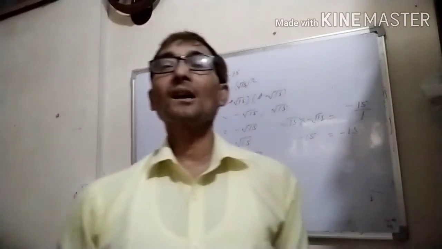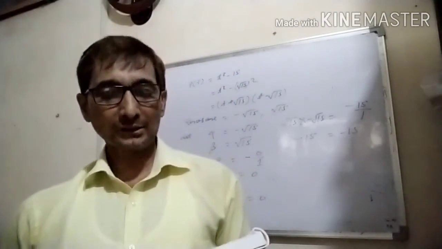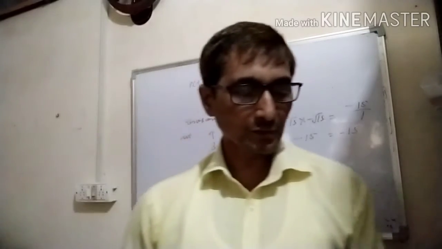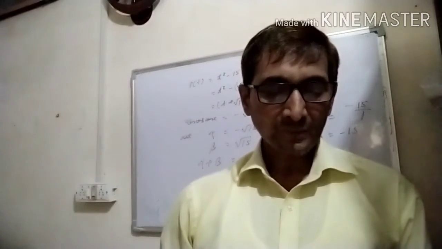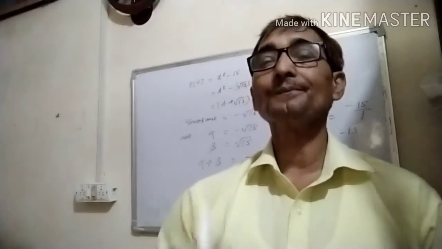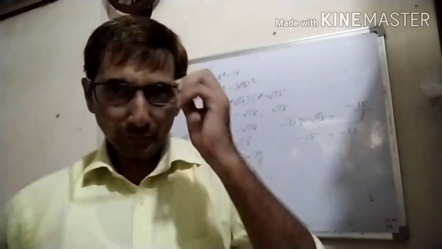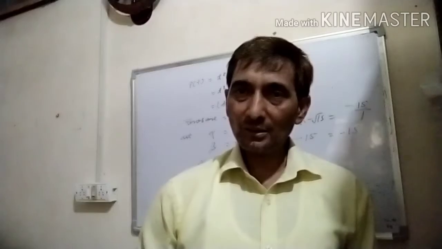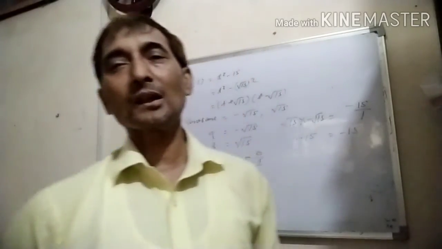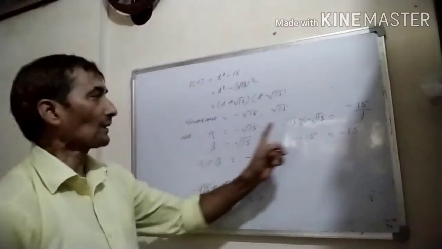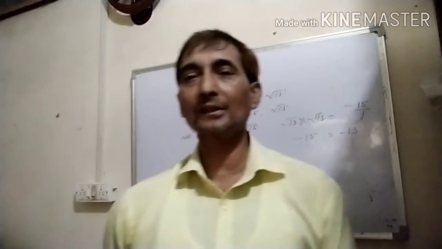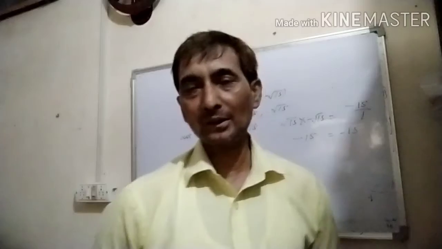Now the second question: find the quadratic polynomial with the given numbers as the sum and product of its zeros respectively. Students, the given numbers are the sum and product, because alpha + beta and alpha × beta are both given. Then you have to find the quadratic polynomial.